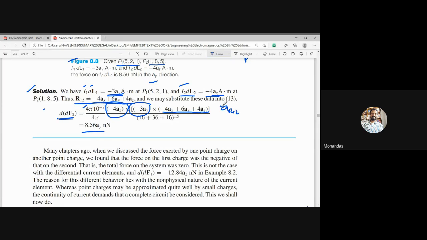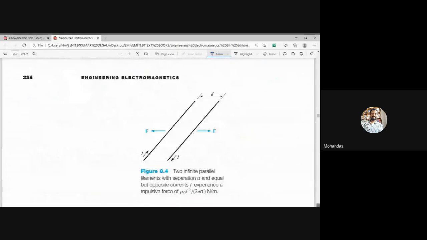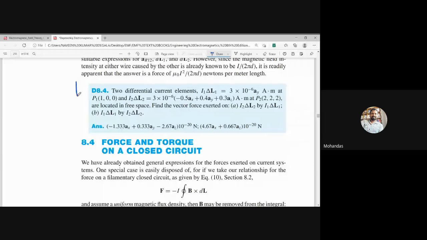Now I am giving this problem as a homework problem. Take a screenshot of this, please. This is the homework problem I am giving. And verify these answers.